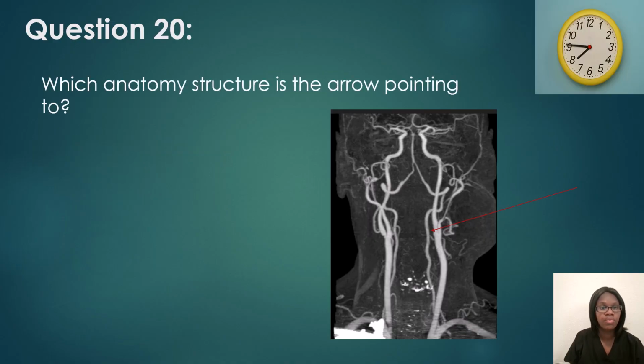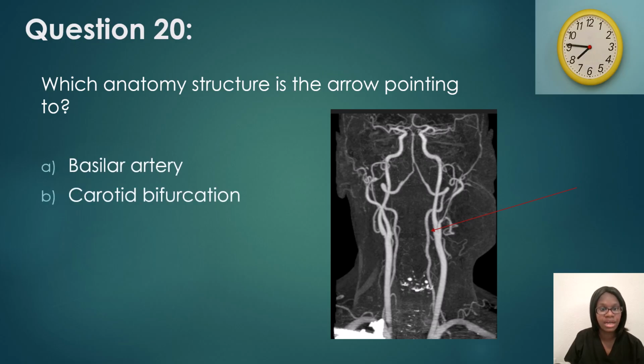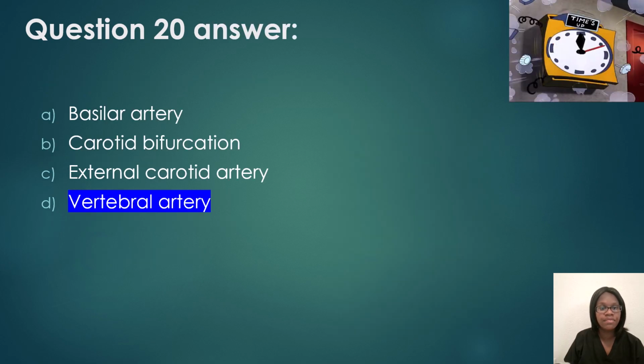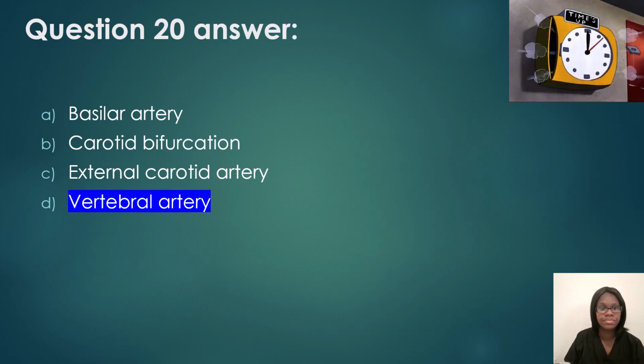Question 20. Which anatomy structure is the arrow pointing to? A, basilar artery, B, carotid bifurcation, C, external carotid artery, D, vertebral artery. All right, the correct answer is D, vertebral artery.